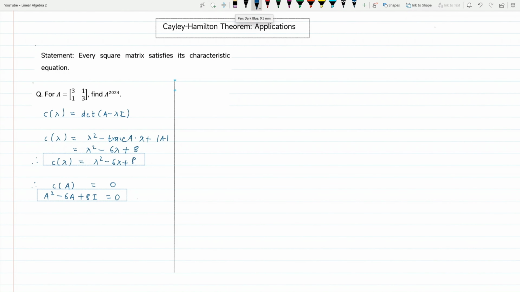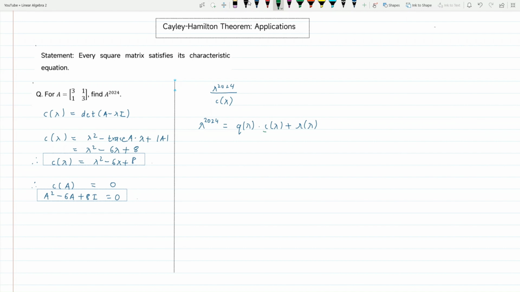Our goal is to find A to the power 2024. So think of dividing λ raised to 2024 by the characteristic polynomial C(λ). Applying the division algorithm, we get λ^2024 is equal to some quotient polynomial in λ times the characteristic polynomial plus some remainder in λ.